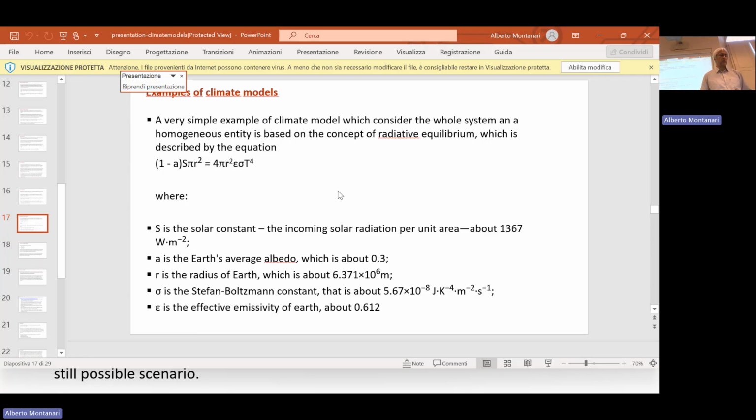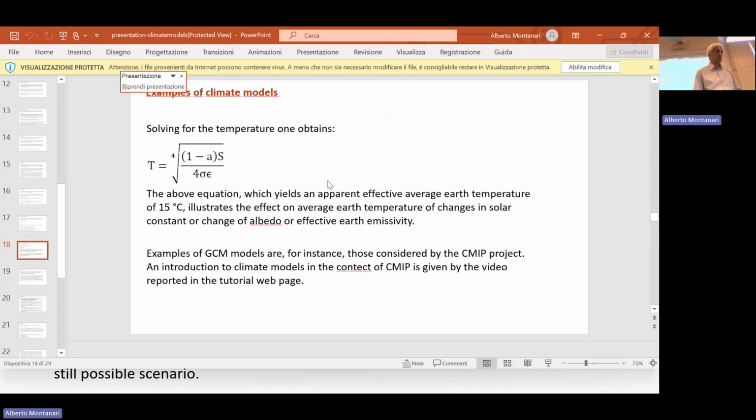And epsilon is the effective emissivity of Earth, and we know the value. The only unknown here is temperature to the power of 4. Therefore, based on the knowledge of the solar constant, the albedo, the Stefan-Boltzmann constant, and the emissivity of Earth, we can get an explicit relationship for temperature.